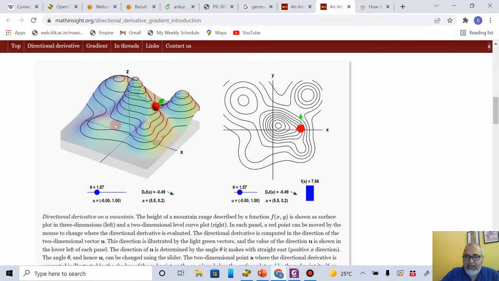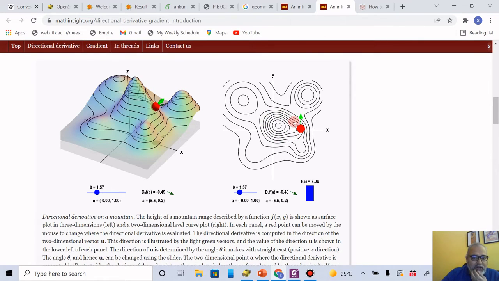These mountains and valleys are the 3D plot of the function, whereas on the right you see what is known as a contour plot or an iso-level plot, where each of these curves, for example this curve here, is at a constant z from the horizontal, and this curve is plotted as this curve.